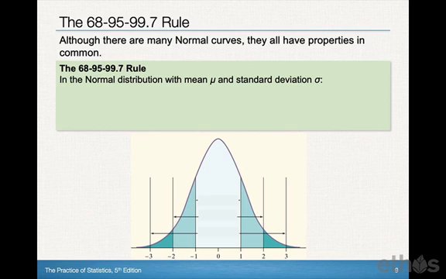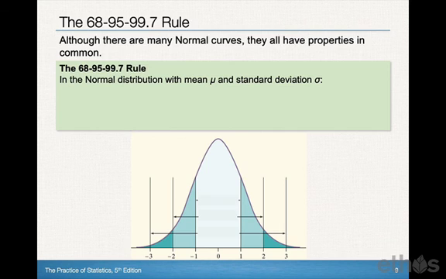All right, so we want to take note of the z-scores of 1, 2, and 3, and the data points where those fall, meaning 1 standard deviation above the mean, 2 standard deviations above the mean, 3 standard deviations above the mean, and then 1, 2, and 3 standard deviations below the mean. So those z-scores are very meaningful.